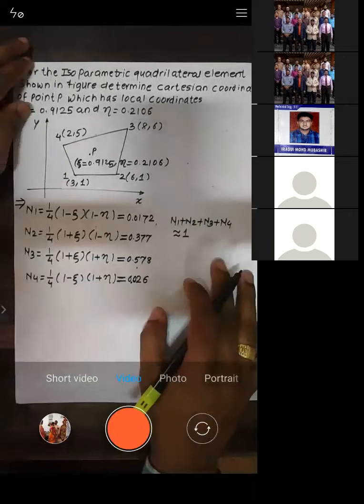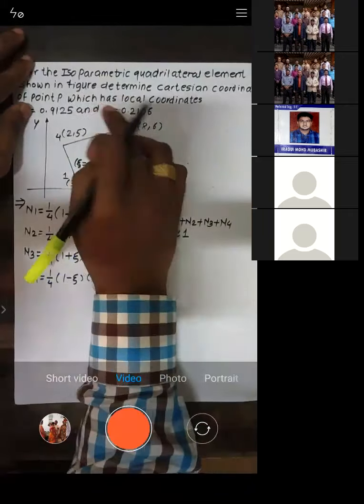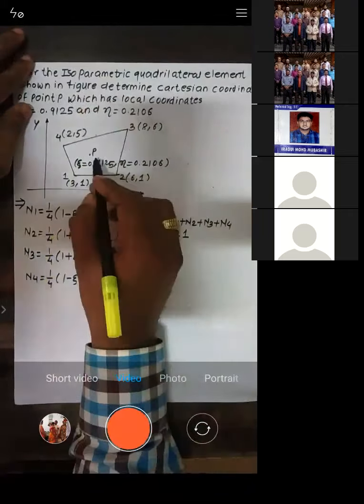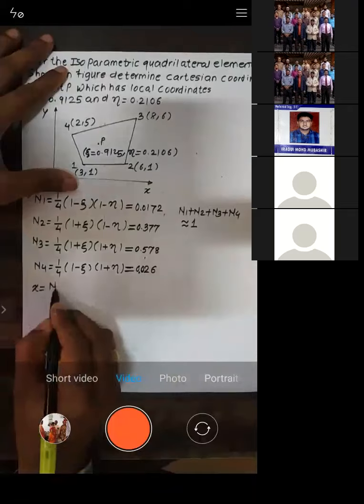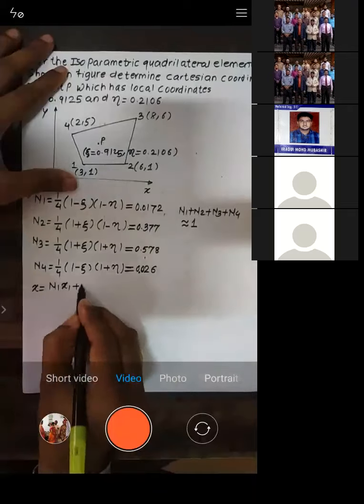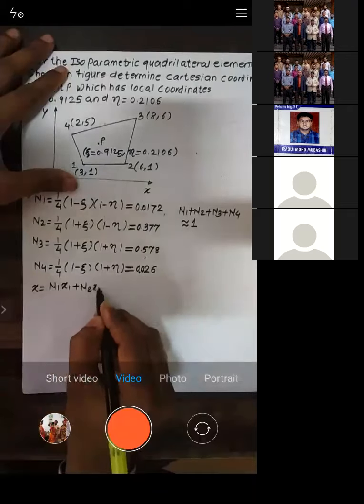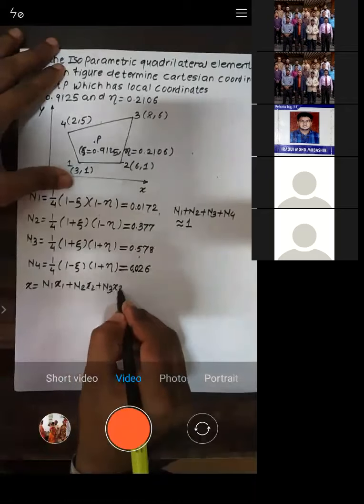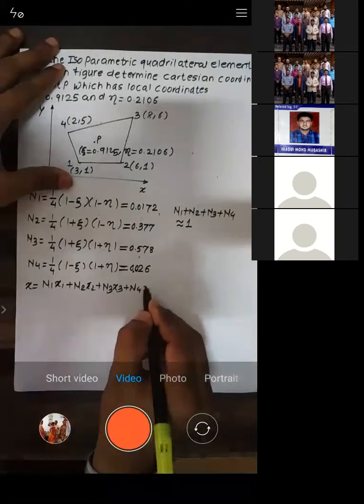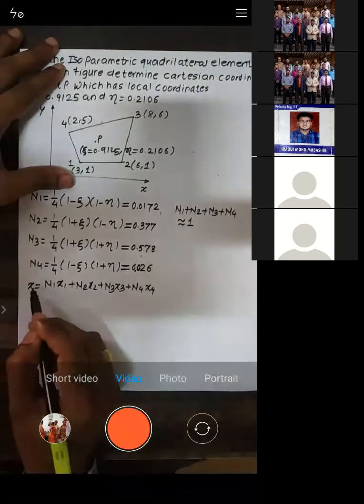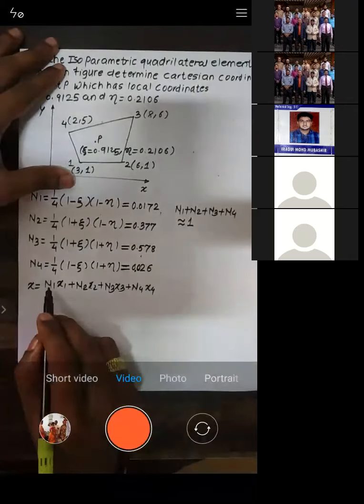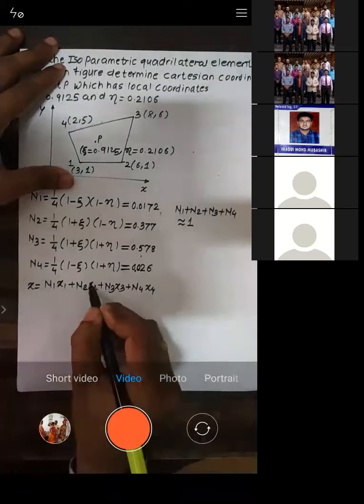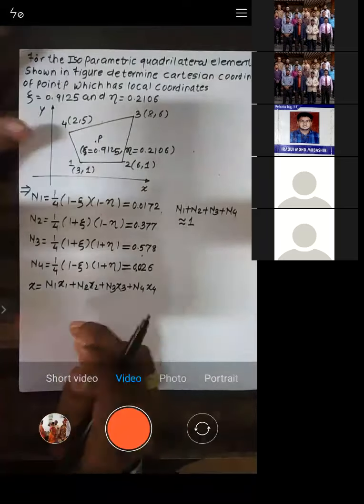So what they're asking is the x coordinate of point P. For the x coordinate, can I write the formula like this: N1 x1 plus N2 x2 plus N3 x3 plus N4 x4?